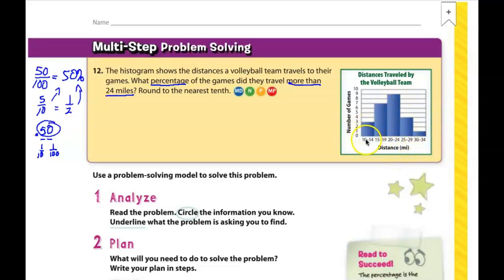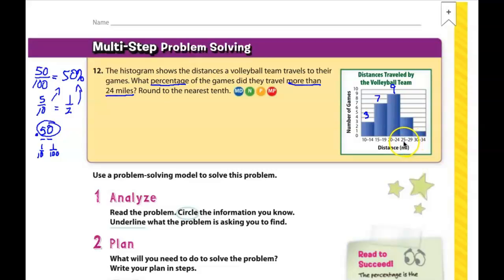There were some games between 10 and 14 miles away, and if I look across to the y-axis, I can label this as 3. Then we have 15 to 19 miles away, and that is 7. Then we have 20 to 24, and looking over to the y-axis, that would be labeled as 9.